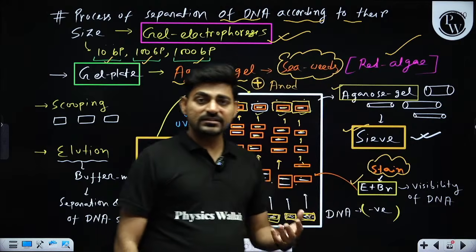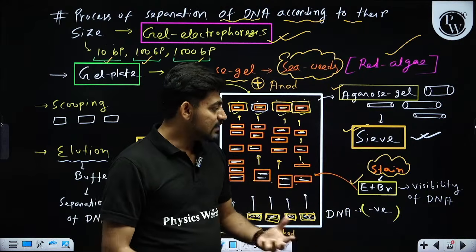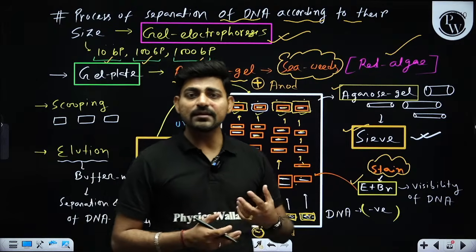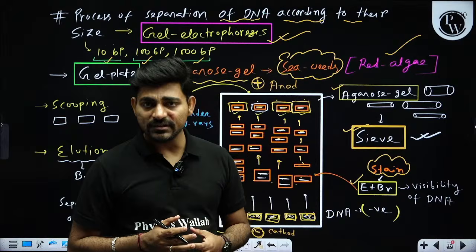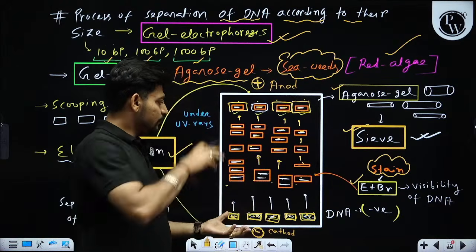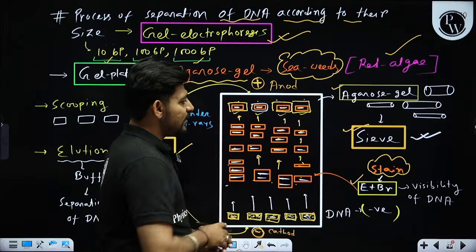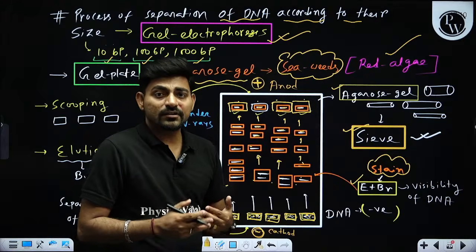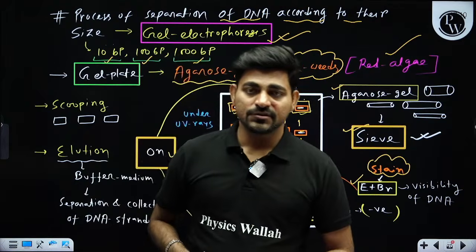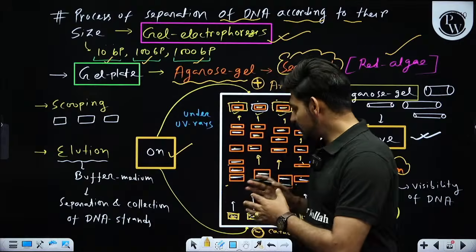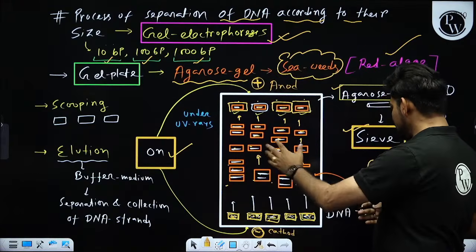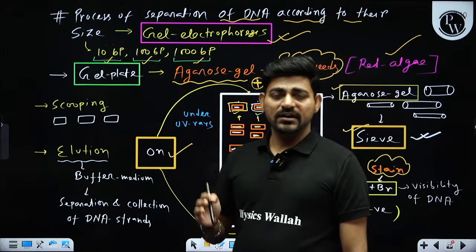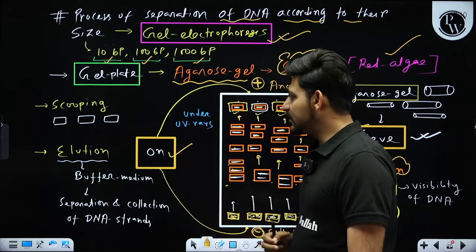This ethidium bromide is visible under ultraviolet rays. The ethidium bromide will bind with the DNA molecules, and when we put ultraviolet ray, it will give you an orange colored reflection. So if you stain this gel plate with ethidium bromide, only then will it be visible to us under ultraviolet ray.